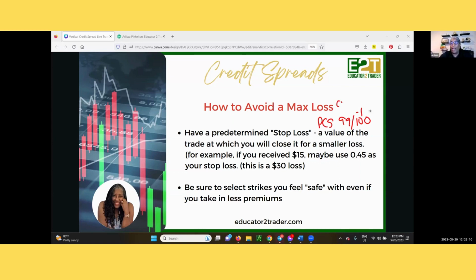But let's say the current price is at 101, maybe $100.90. It's hovering around my sell leg. It's not at my sell leg, it's not through my sell leg, it's just in the vicinity.